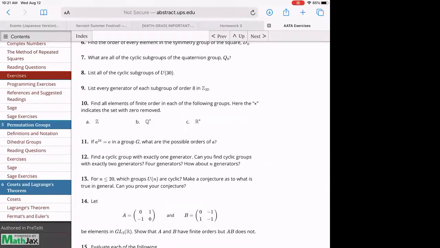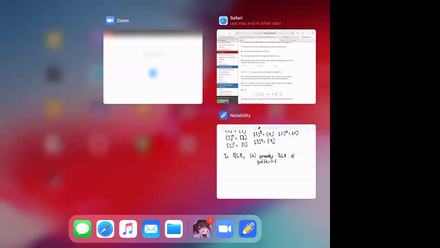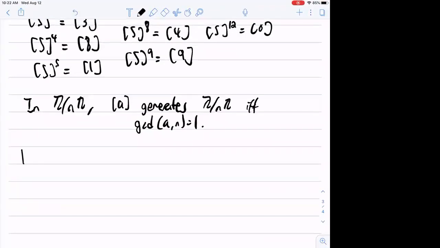Let's do 11. If A to the 24 equals E in a group G, what are the possible orders of A?